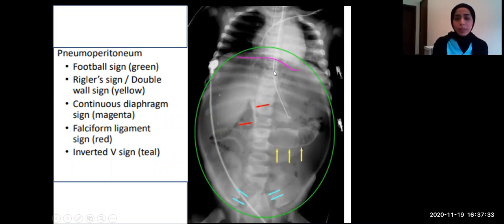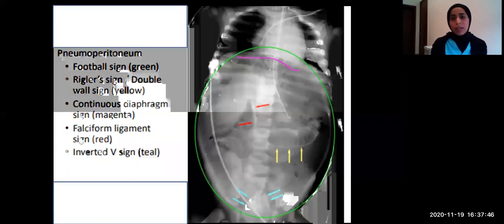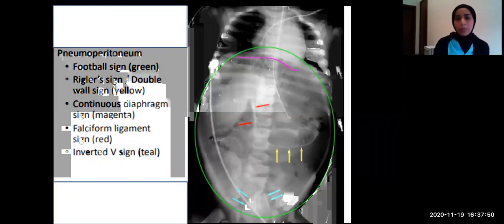So this is the typical appearance of a pneumoperitoneum, and also you can see the continuous diaphragm sign. This is easy to detect in any clinical scenario, but not all signs may be present at all times. So try to pick up the early signs of pneumoperitoneum.